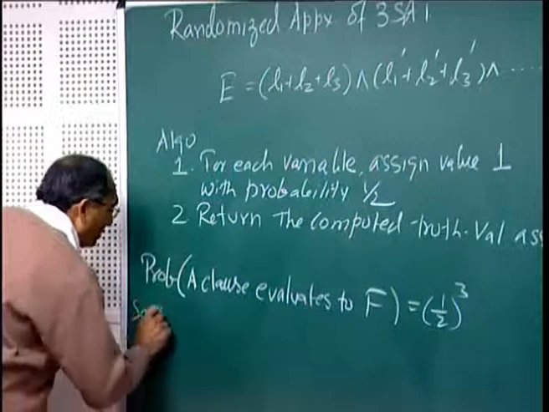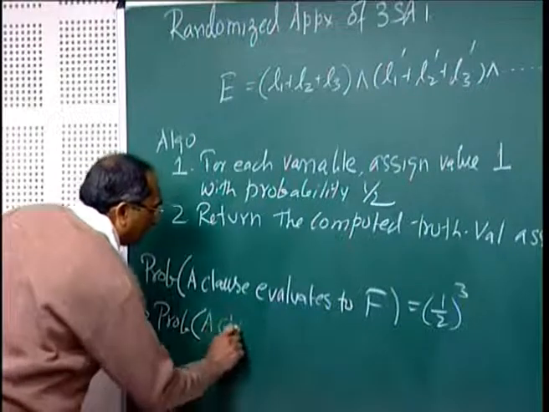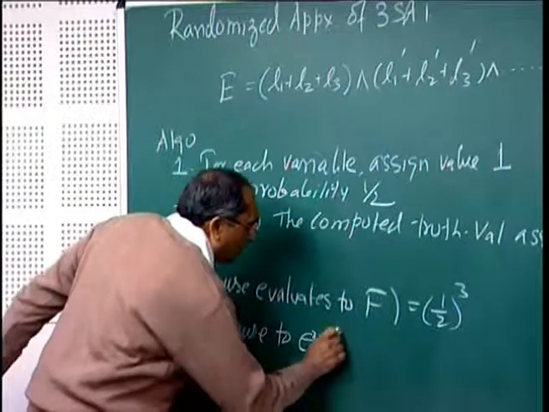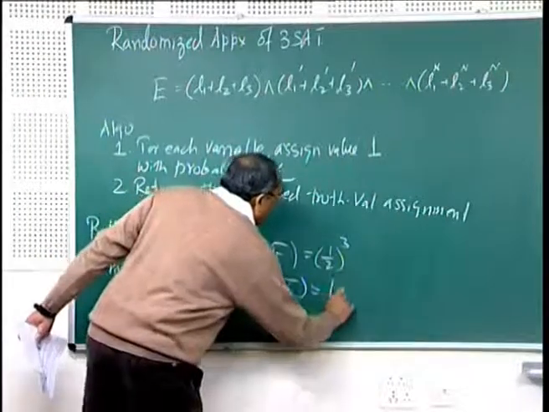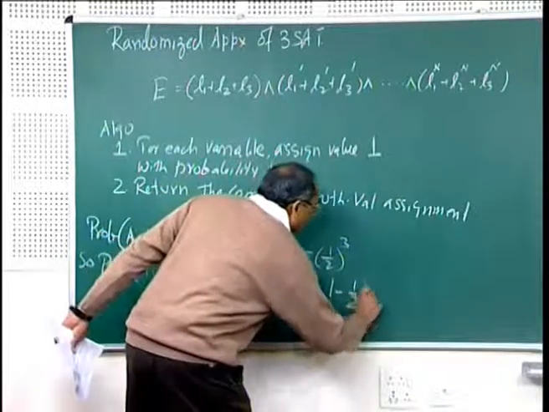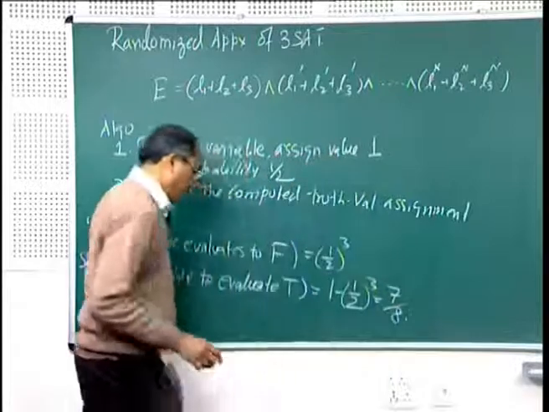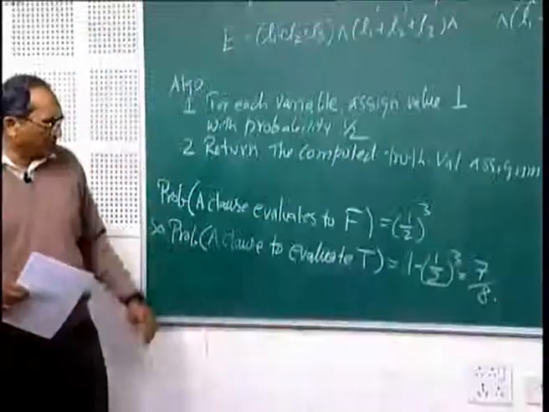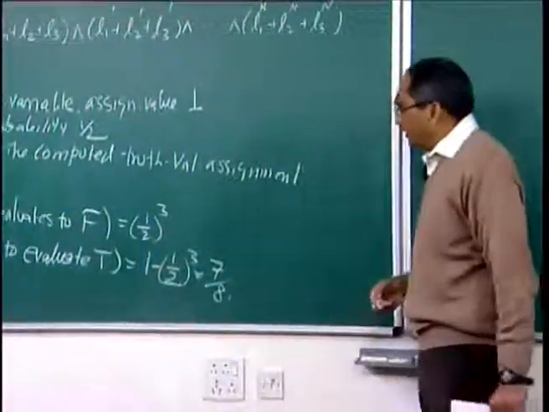So, the probability of a clause to evaluate true is 1 minus 1 over 2 cube, that is 7 over 8. So, this clause evaluates to true with very high probability, 7 by 8.